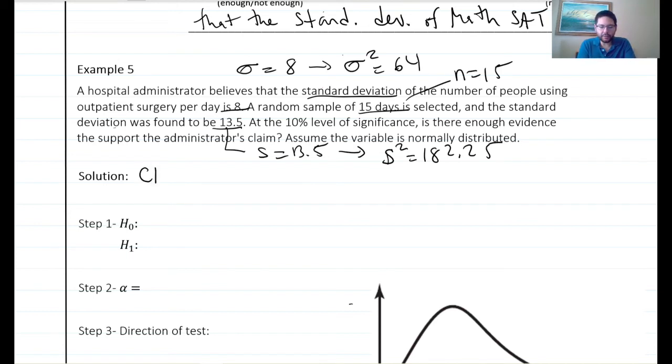But let's go ahead and do our claim. So the claim was from the administrator. The hospital administrator believes that the sigma squared, the variance, is 64. So that's a statement of equality, so we're going to put that under our null hypothesis. And since they don't really tell us what direction, whether it's greater than or less than, we're going to say that the alternative is not equal to.